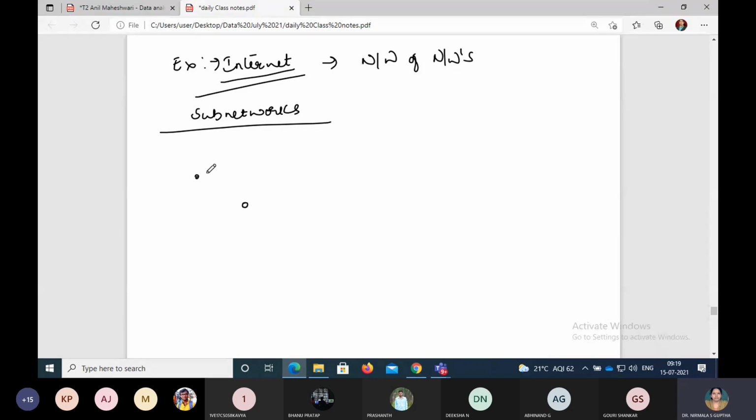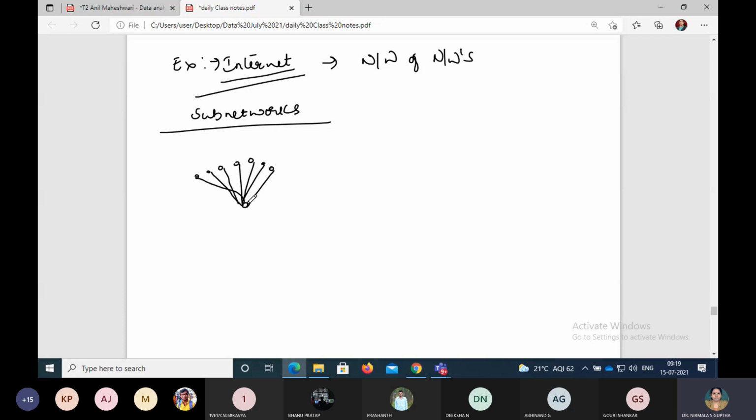Okay, so you will have a lot of other nodes. These are all the small circles I am writing. It is the other node and it is being connected to this like this. So this is one subnetwork.